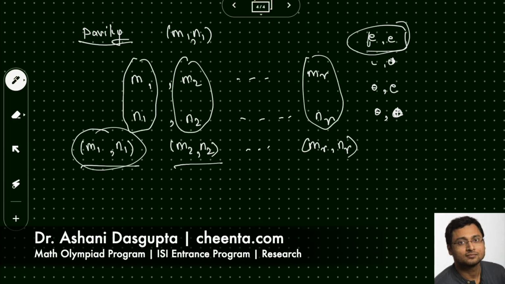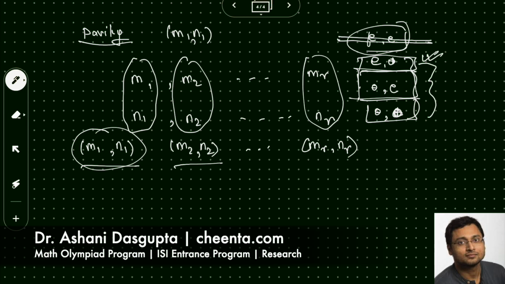They cannot be both even, because then the GCD will be 2 or something else. So only the three other possibilities remain: even, odd, odd, even, odd, odd. So they can be of only one of these three possibilities.